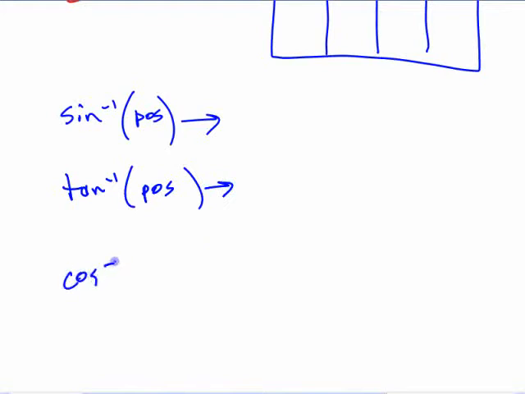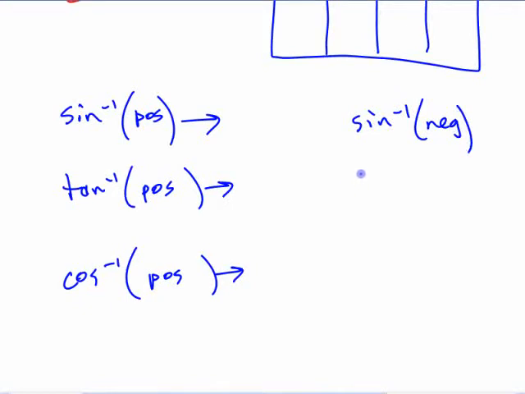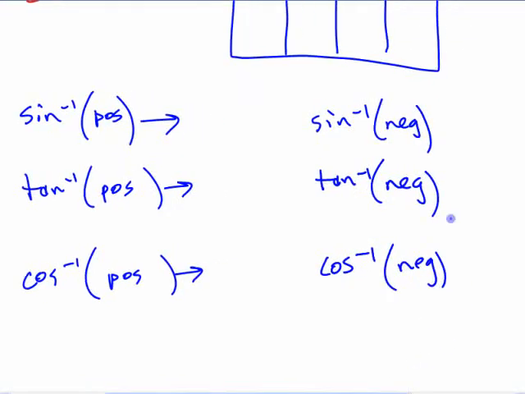And if you do cos inverse of a positive number, what's it going to give you? And then we got to look at those three things if you do a negative. And then we will understand. We will have a great sense of knowledge with this that will help you tremendously as you work through things, rather than think it's some magic.